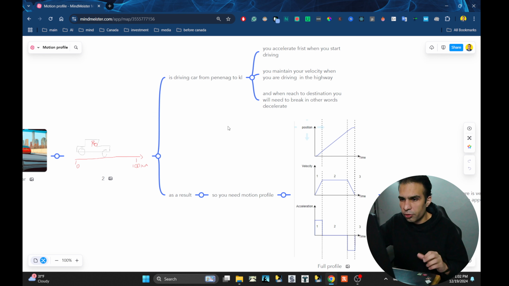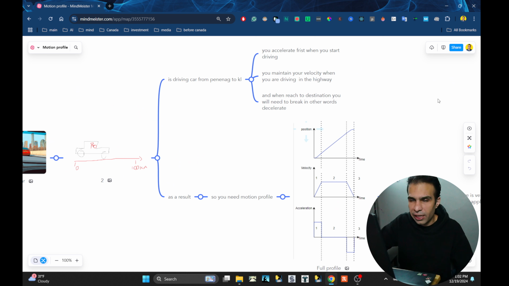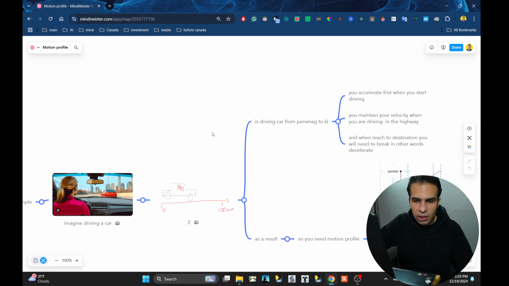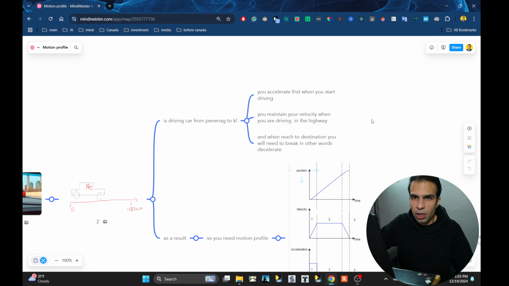So how does the motion profile work? Actually, in our head, we usually do the motion profile without even knowing it. For example, in a driving scenario, when you are starting your journey at the beginning, you slowly accelerate, because you want a smooth motion, right? So you don't want to suddenly put your foot fully on the acceleration pedal, right? So you slowly accelerate, so you increase the velocity.